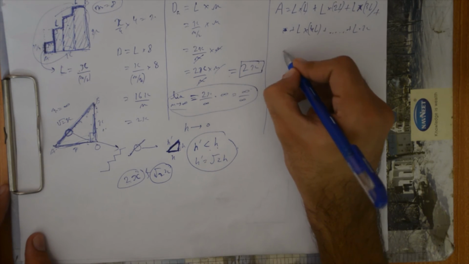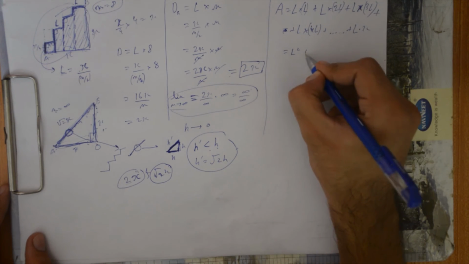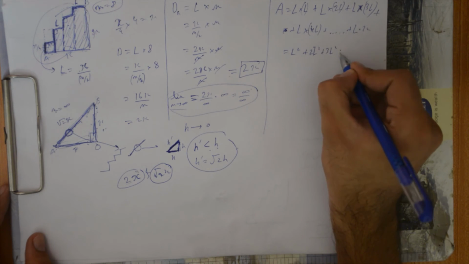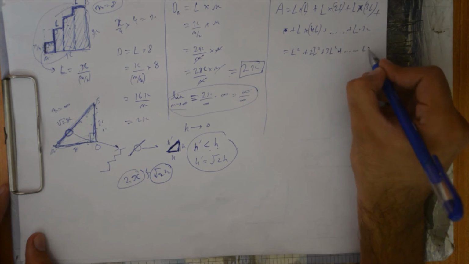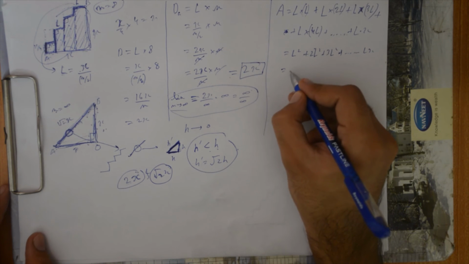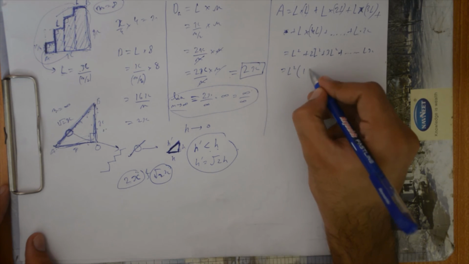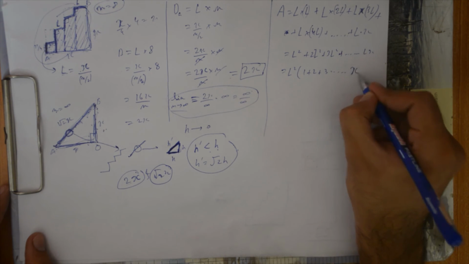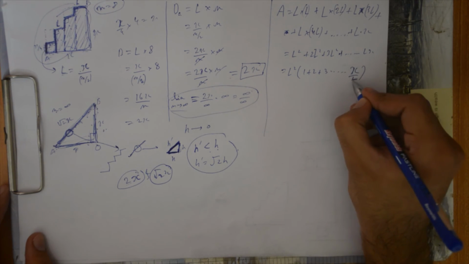Now if we simplify this equation, it would be L square plus 2L square plus 3L square till Lx. Now if we take L square as common, it would be 1 plus 2 plus 3 till x by L. This is simple arithmetic.